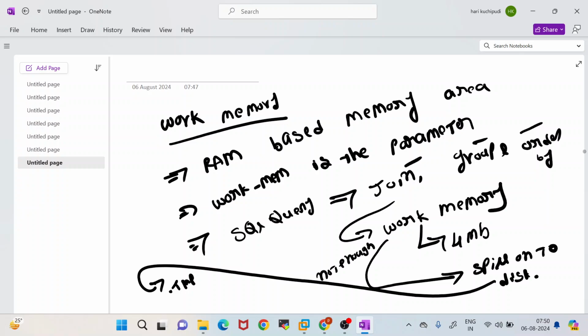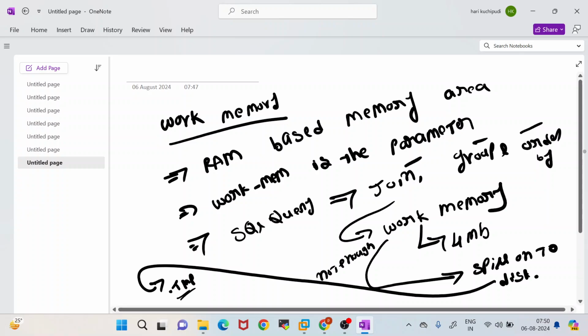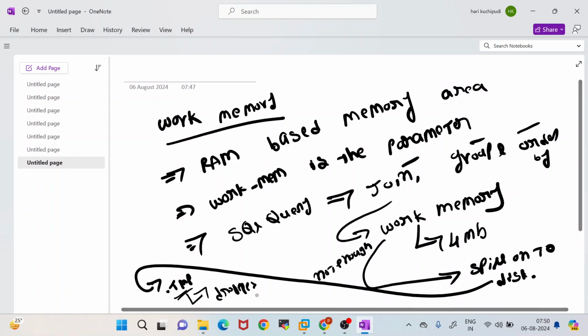That means the work memory we have assigned is not enough to hold the intermediate operations, and so the operation is spilling onto the disk. What is the lifetime of these .tmp files? Once the session's query is executed, these .tmp files will be deleted automatically.